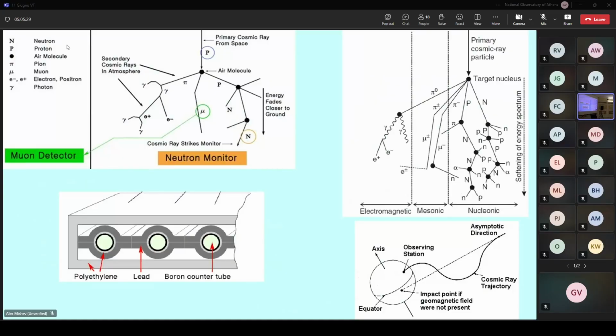This means that we can use the global neutron monitor network as a giant spectrometer, which simultaneously accounts for the anisotropy and the spectra of the arriving particles, and their evolution throughout a given event.